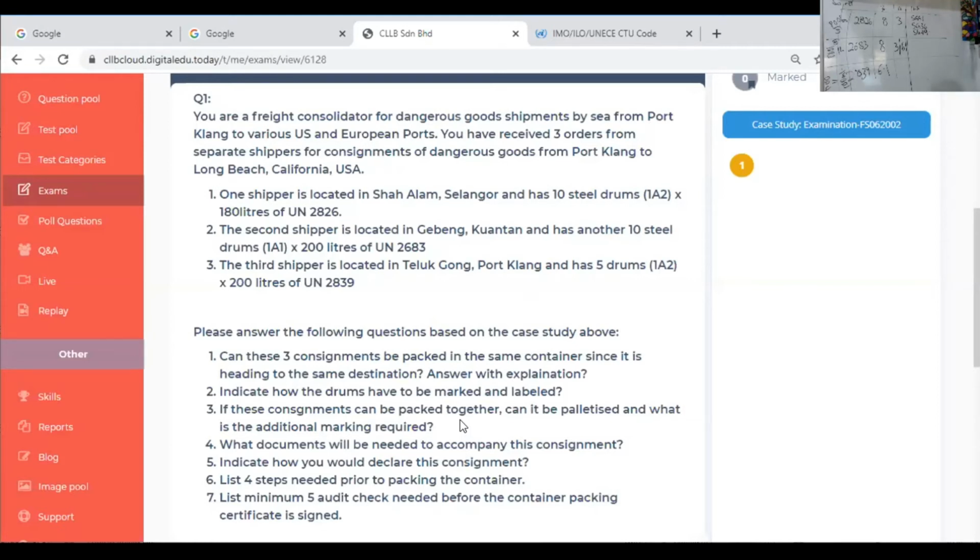So when we look at the segregation table, we will first check this with this, then we will check this with this, and then we will check this and this. All right, so that would cover all of them. So let's look at first this and this, 2826 and 2683.